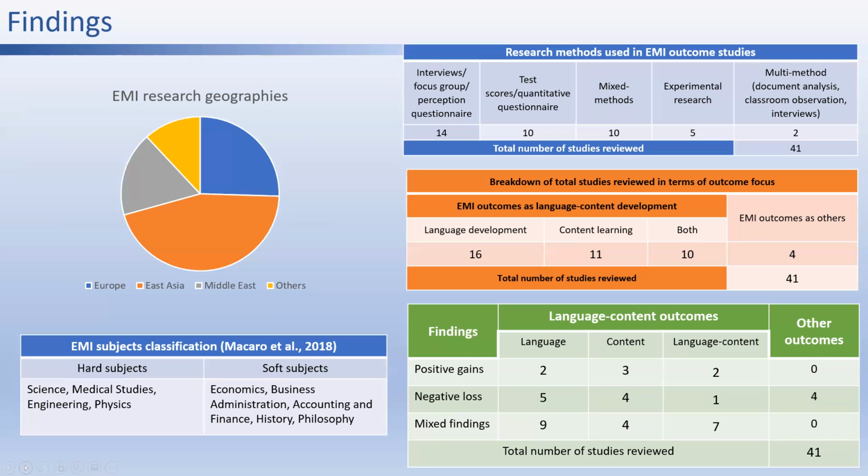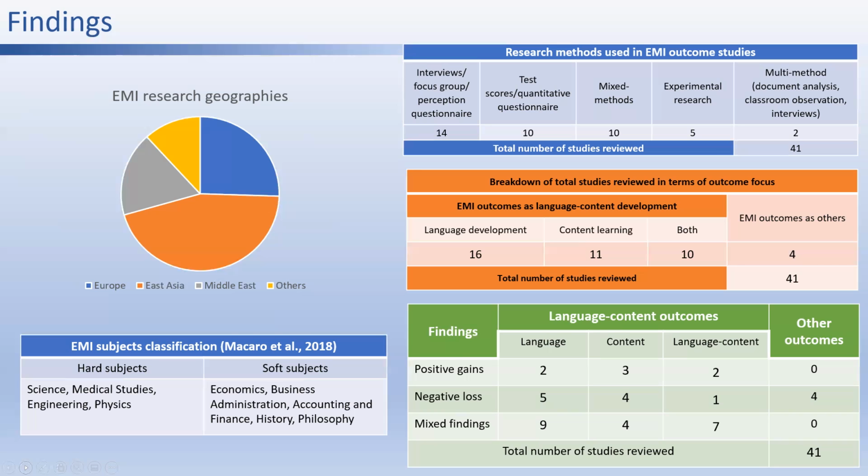As I mentioned, EMI outcomes have been framed as language development. 16 of them focus on this particular linguistic outcome of EMI, whereas 11 other studies focus on the content learning or disciplinary knowledge outcomes of EMI. 10 studies actually look at both types of outcomes, and surprisingly, there are 4 other studies that define EMI or focus on EMI outcomes as something quite beyond language and content.